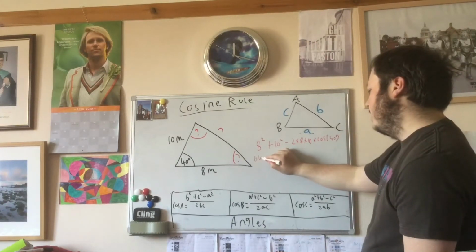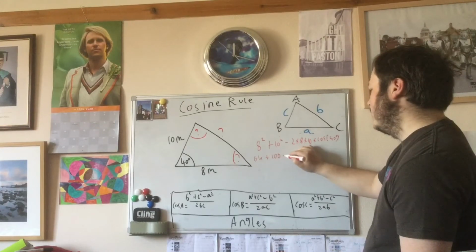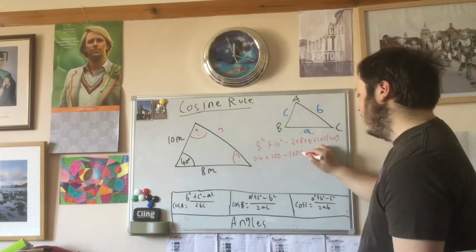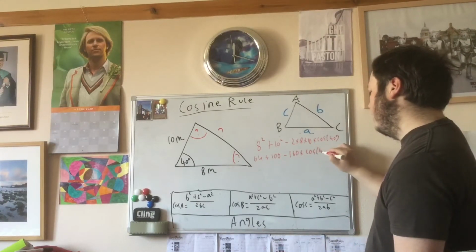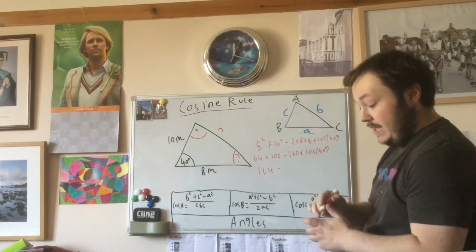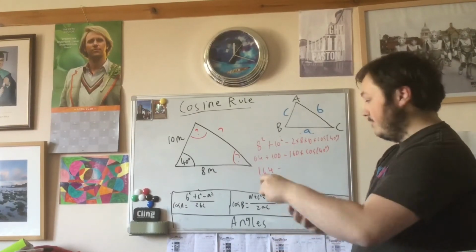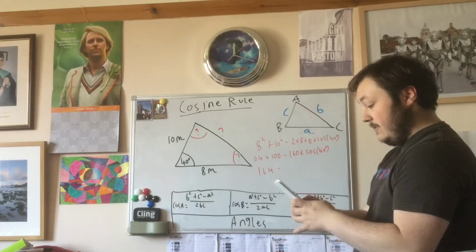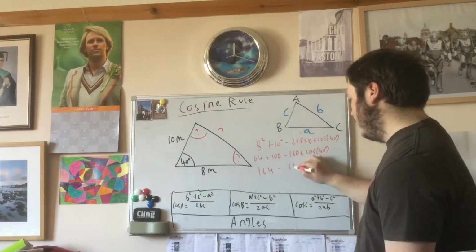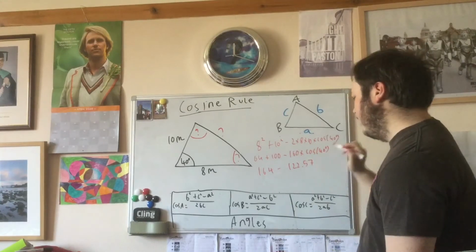8 squared is 64, 10 squared is 100. 2 times 8 times 10 will get us 160, and then we're timesing 160 by the cos of 40. So it's 164 minus, when you enter it in a calculator, 160 times the cos of 40 to 2 decimal places is 122.57.